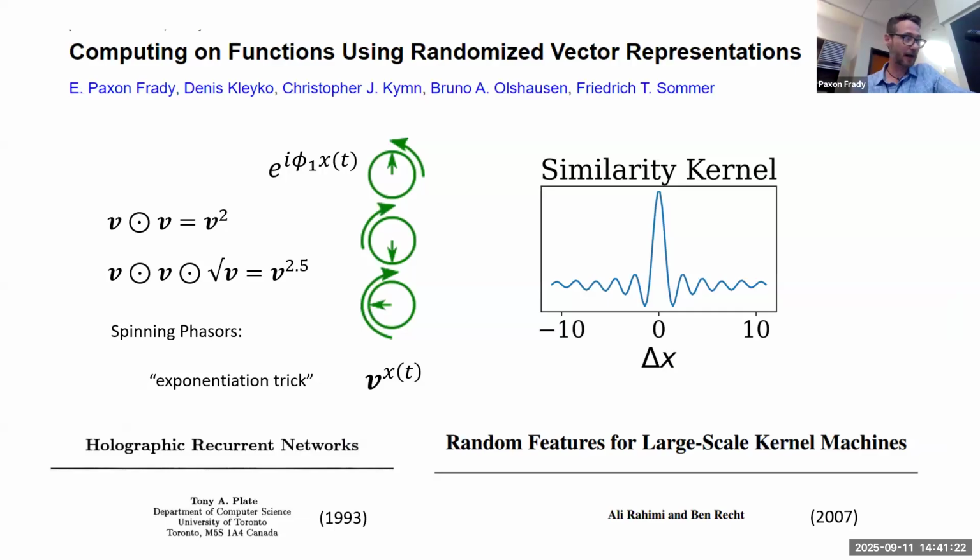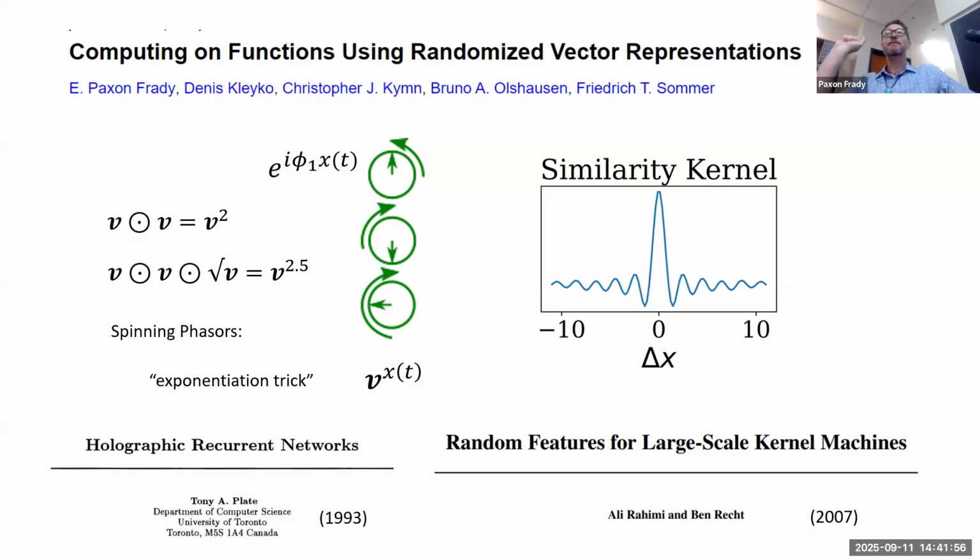Now there's one more thing we need to do before we even get to the Nature papers. Here we have what we call the exponentiation trick, or fractional binding. Now I've converted to this complex-valued VSA, but it's very similar: every element in a vector is a random complex number with unit magnitude but random phase.